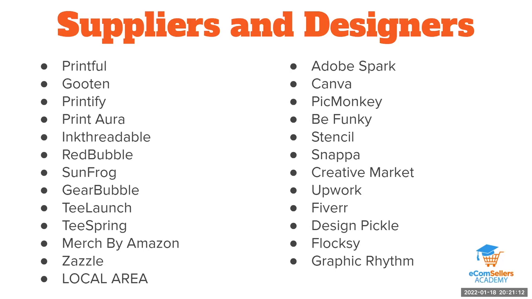We talked about the different suppliers and the different designs you could use to get started. So in part 2, we're going to look at some of these suppliers and see what their requirements are.